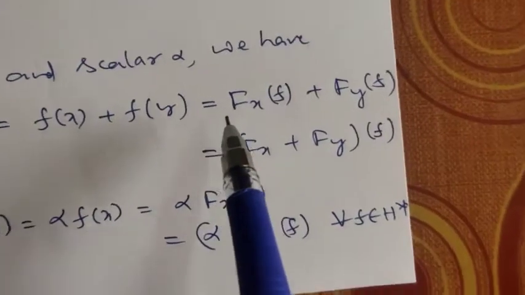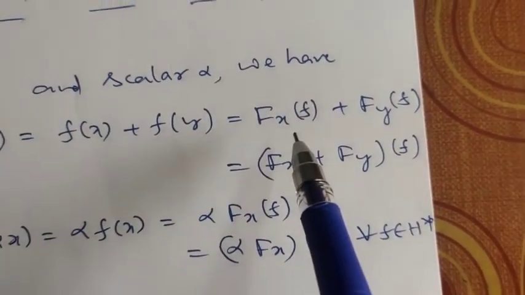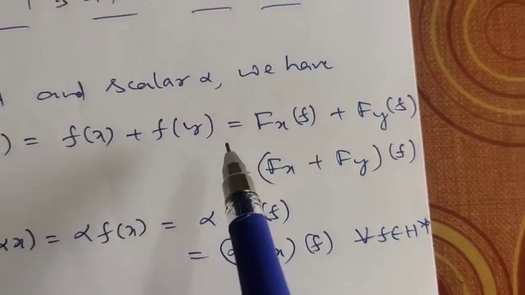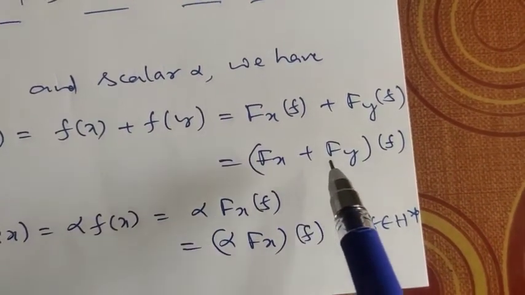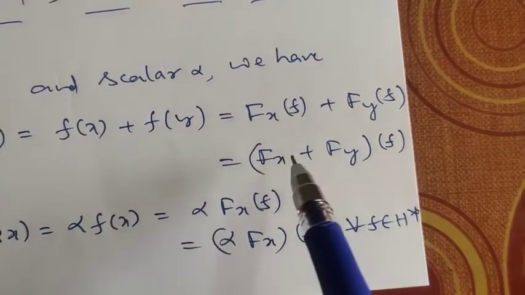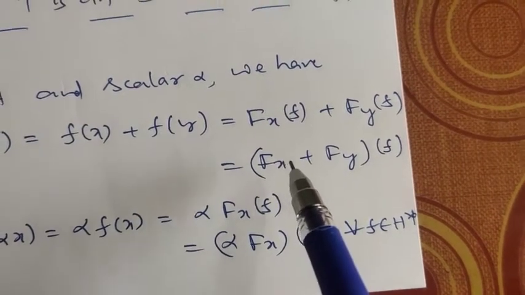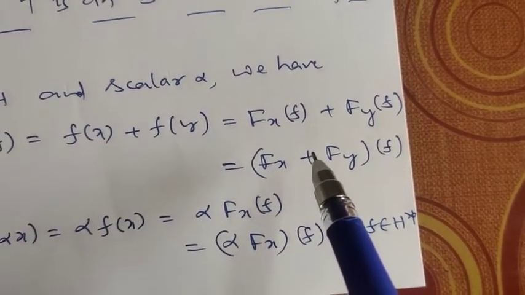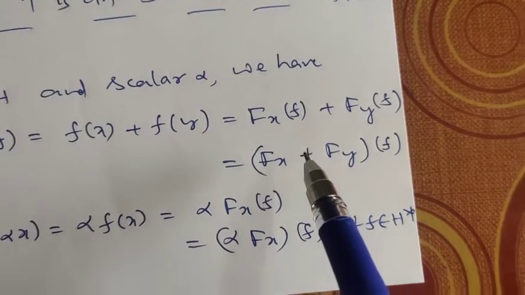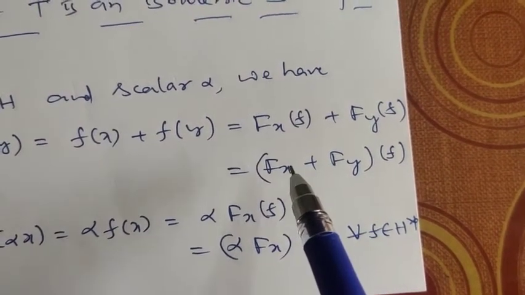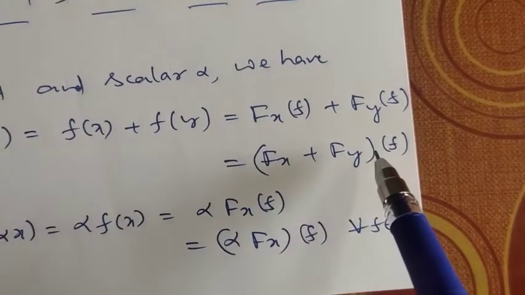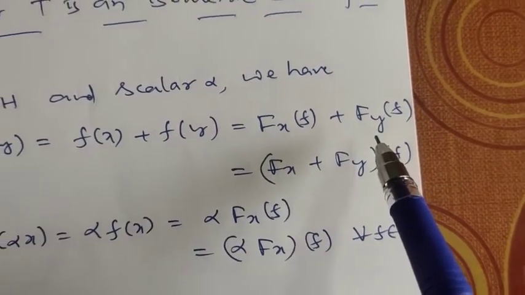But f of x is, according to definition, Fx of f, and f of y is Fy of f. So this can be written as Fx plus Fy of f, because Fx is an element of H double star, which means it is a linear functional. So we have used the linearity condition here.